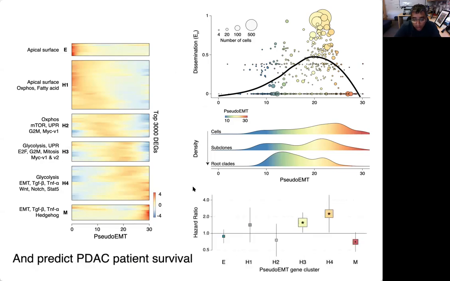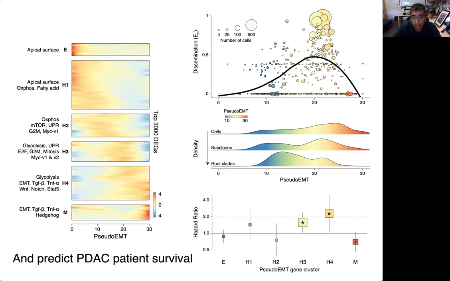Okay, and then, again, this was all from a single mouse, right? But we can take these scores and use the pseudo EMT that's defined on these data to then score individual RNA-seq data from the TCGA project and pancreatic ductal adenocarcinomas, and try to assign a pseudo EMT score effectively to individuals.